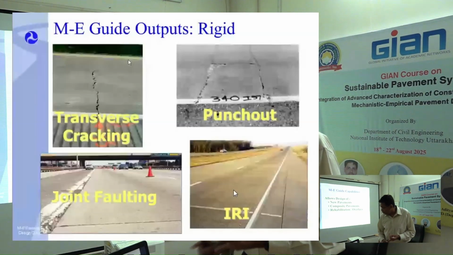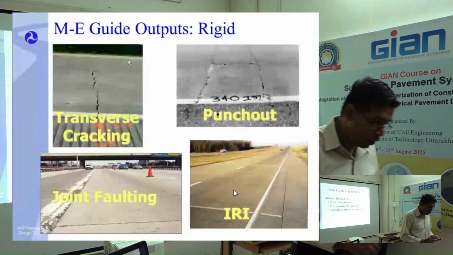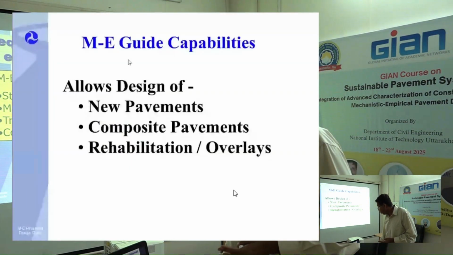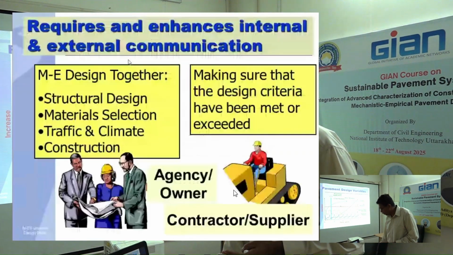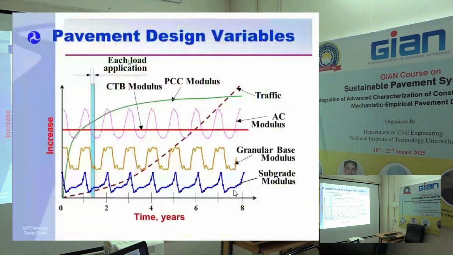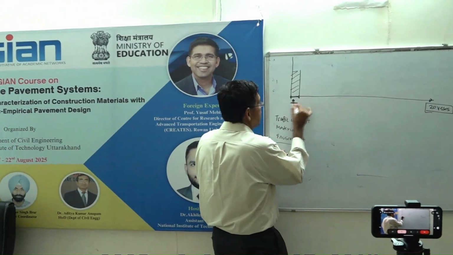All right, allows design of new pavements, composite pavements, and rehabilitation. I want to go back and explain one thing right here. So right here, you have one load coming in this 15 days.